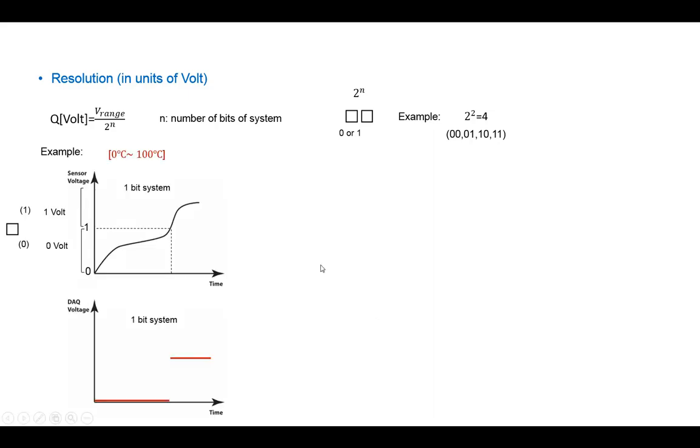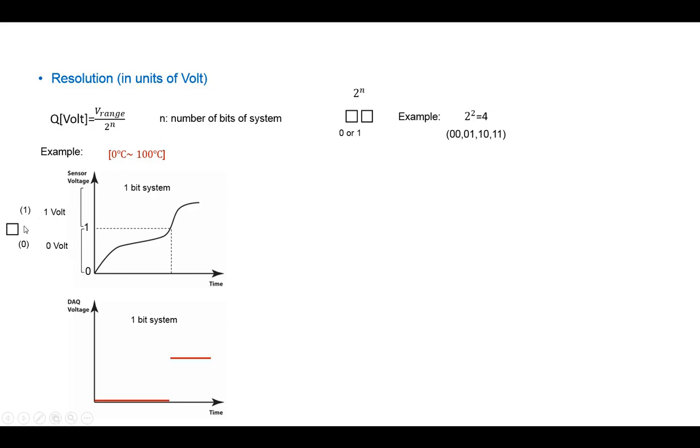Alright, so let's now consider our sensors and the DAQ systems. Imagine we have a 1-bit DAQ system, and this is the output of the sensor. Imagine we have placed the sensor in a combustion chamber. The temperature has gone up from 0 to 100 degrees Celsius in a specific time.